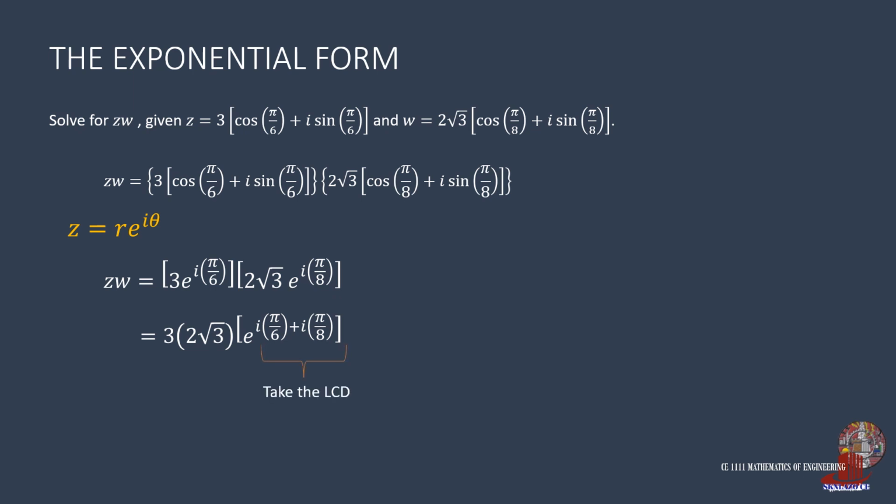With two different denominators, the LCD should be taken to create a single argument. The least common denominator for 6 and 8 is 24. Create equivalent fractions and get 4 pi over 24 plus 3 pi over 24, which gives the resultant complex number as 6 root of 3 times e raised to i times 7 pi over 24.